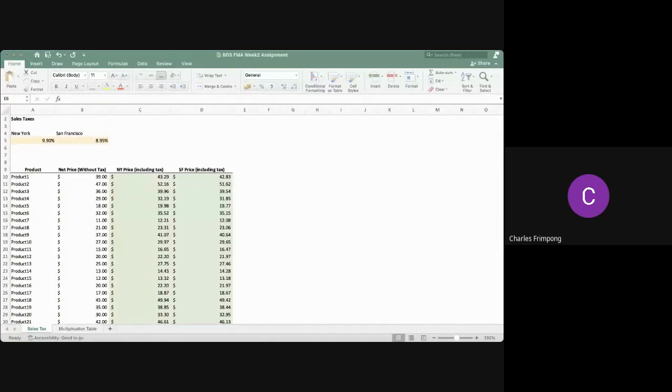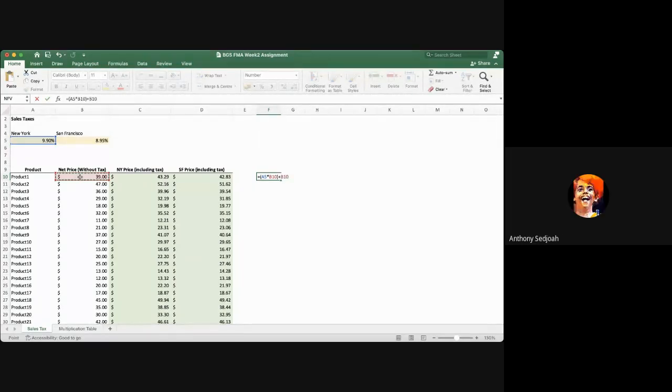I also used an approach that gave an answer close to what you had. Okay, so what was your approach? This is how I did it. I opened brackets after the equal sign, and then I referenced the tax under New York, that is 9.90%, and multiplied it by the product, the 39.00, and I closed the bracket, then I added that same row, that is 39.00.